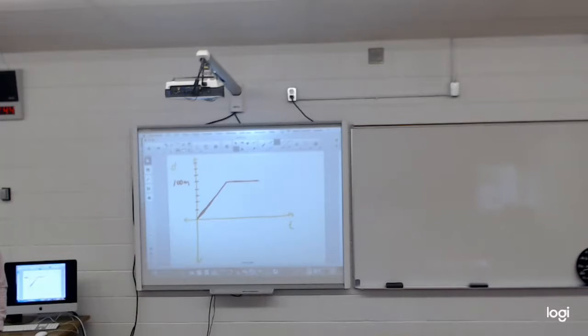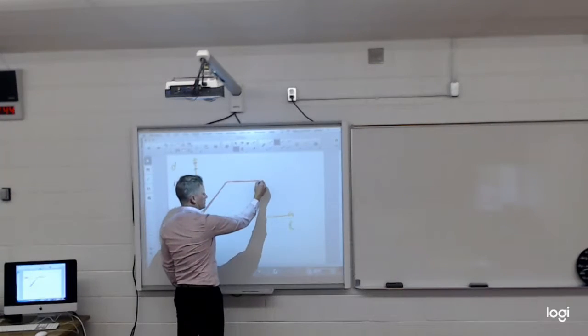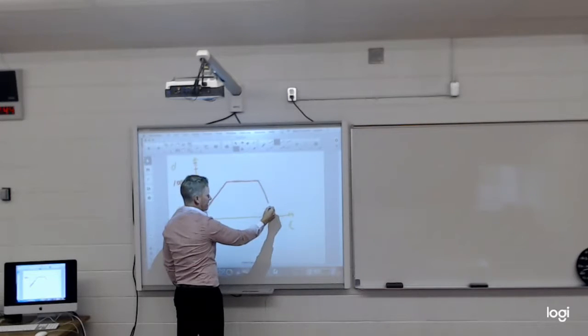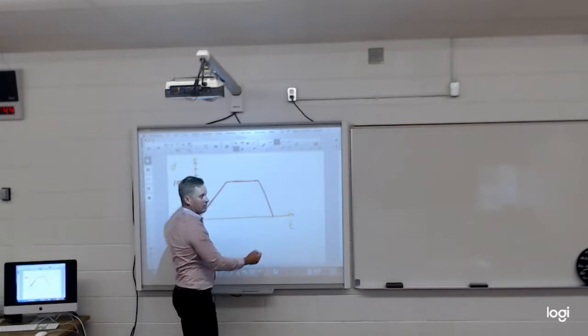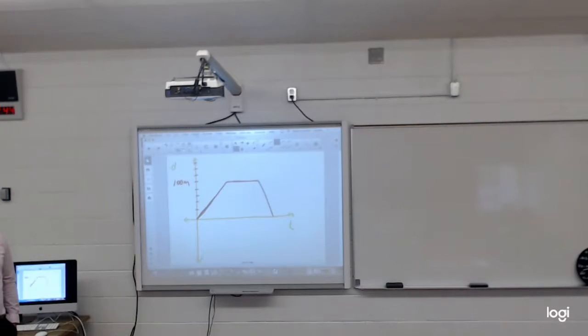Now I remember, oh shoot, it's probably in my locker. So what happens? I now run back, very quickly, because I need my phone. I don't want to be late for work. So I'm running. Notice the steepness of that line. If I look at the slope of that line, I'm going faster.